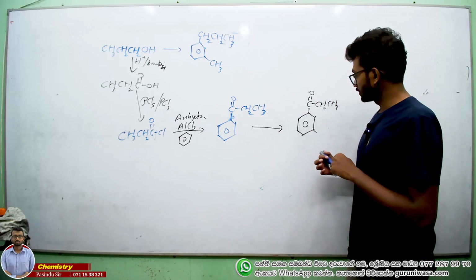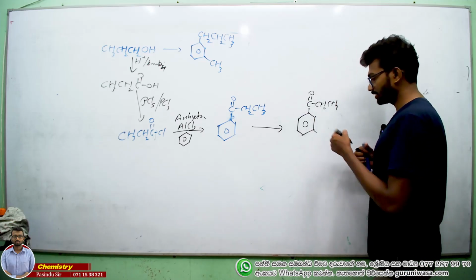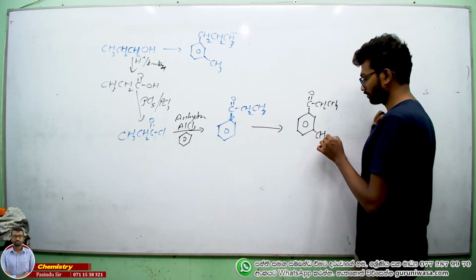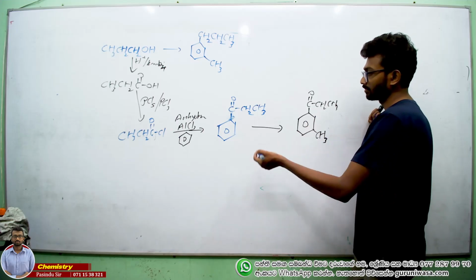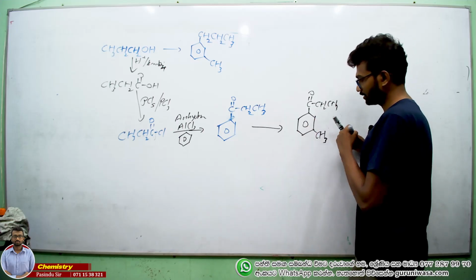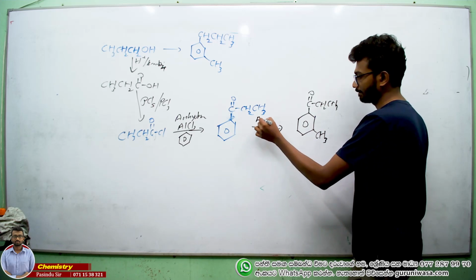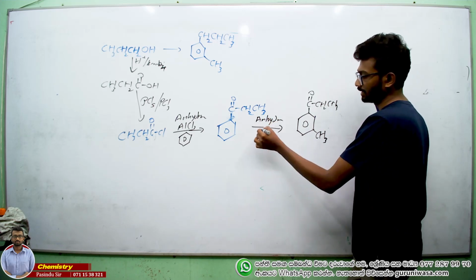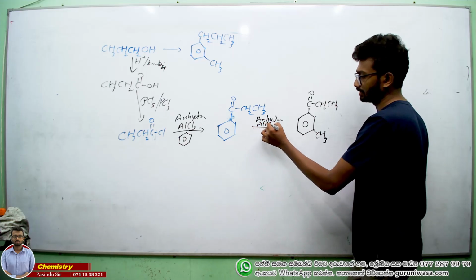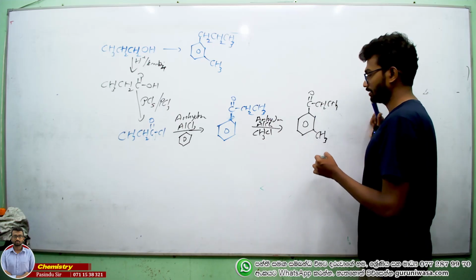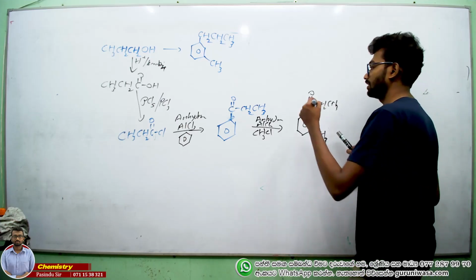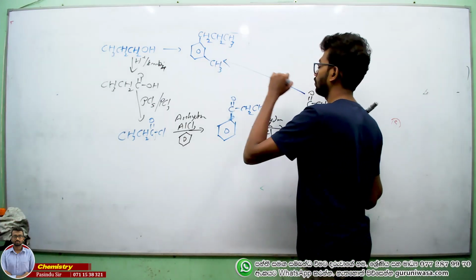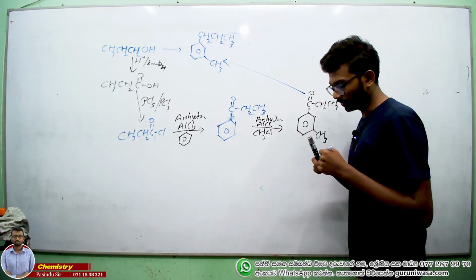Okay. So then you can add the CH3 group also. How to add it? You can use the same method, anhydrous AlCl3 with CH3Cl, right? Then how to remove the double bond O?